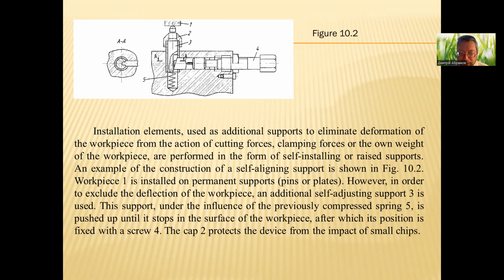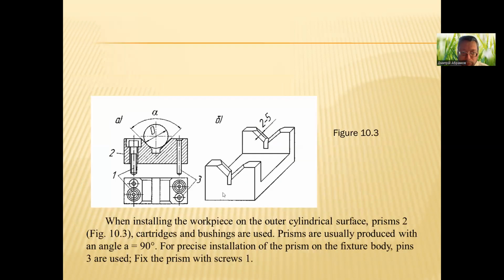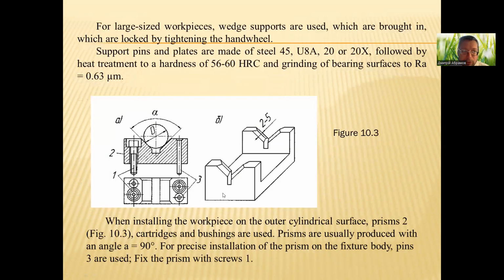The cap 2 protects the device from the impact of small chips. For large-sized workpieces, wedge supports are used, which are locked by tightening the handwheel.